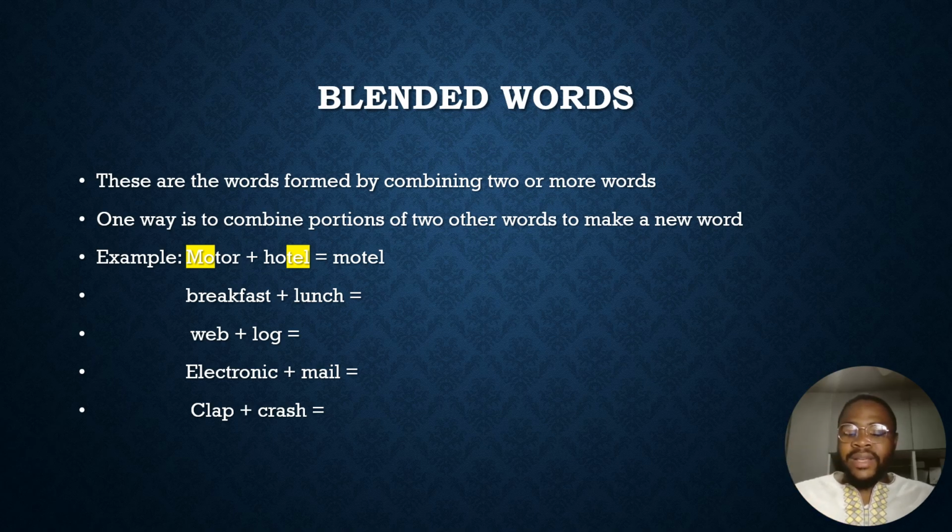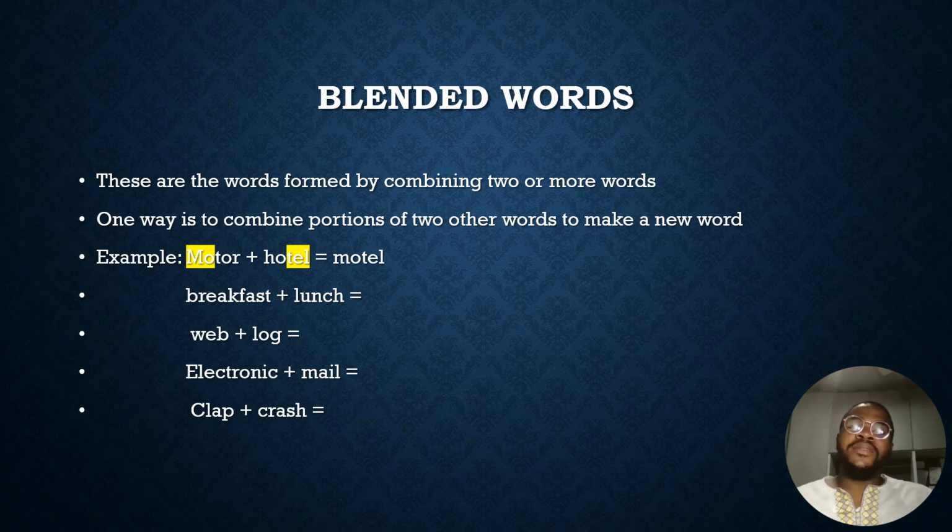So after that, we can't separate an apple from the banana. We can't separate oil from sugar. We can't separate water from so and so. So it is the same thing as blended words. We blend them. We take a portion of that and a portion of that. We bring them together and we create one new word with an actual deep meaning.